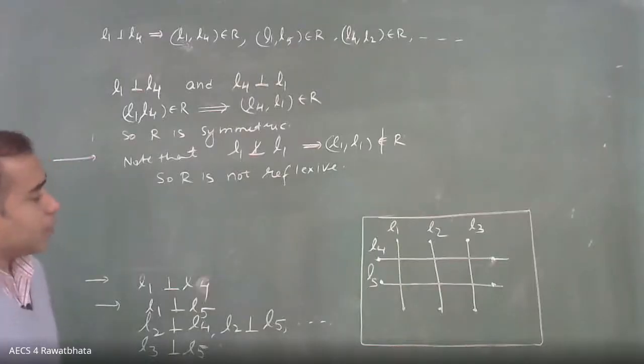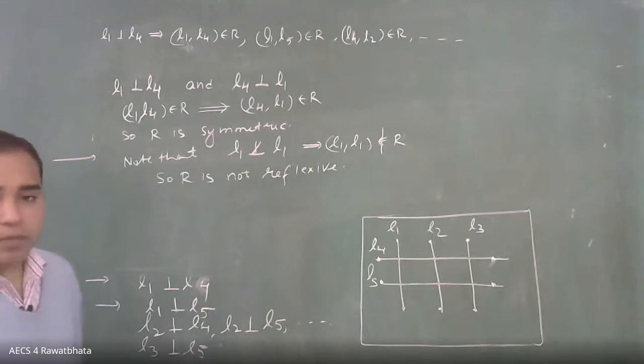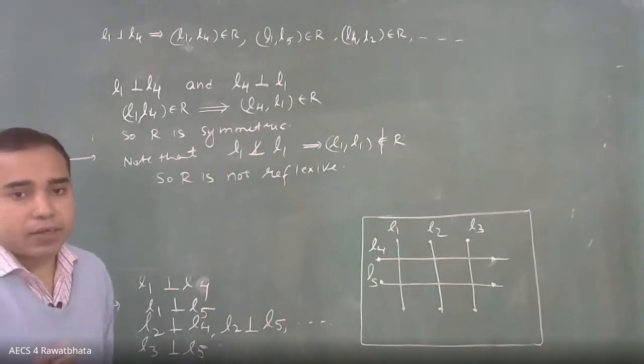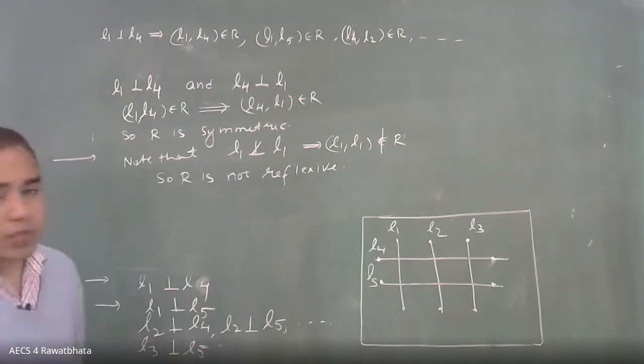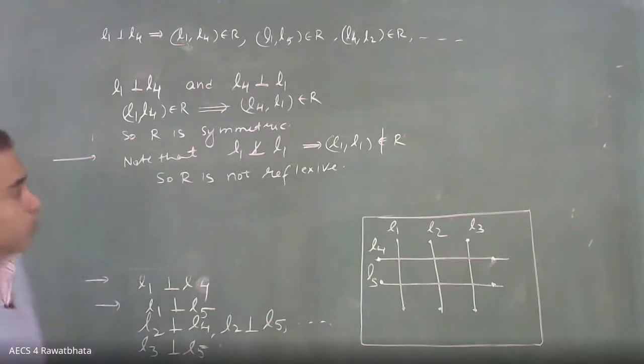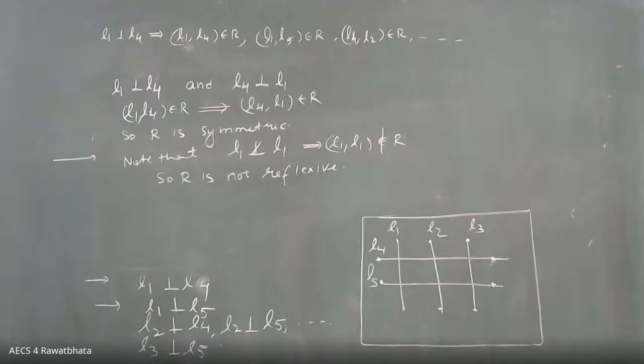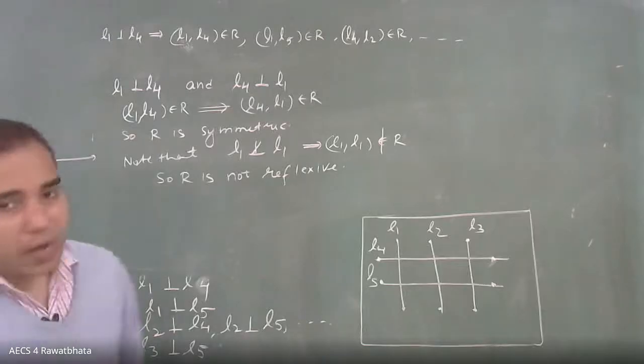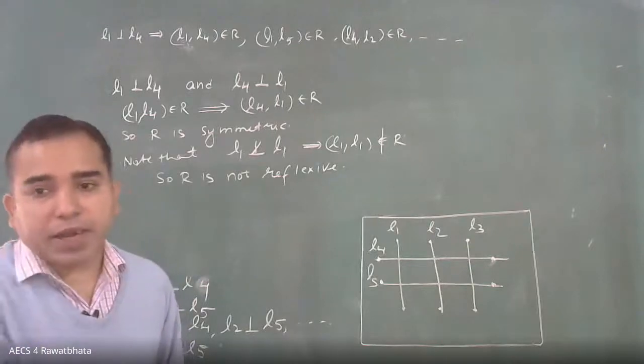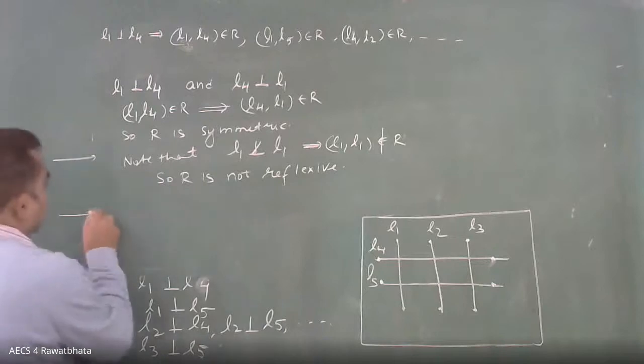I am asking that, tell me what should I write so that I can disprove that it is transitive. L1, L2, L3. I should take two ordered pairs which are there in R.